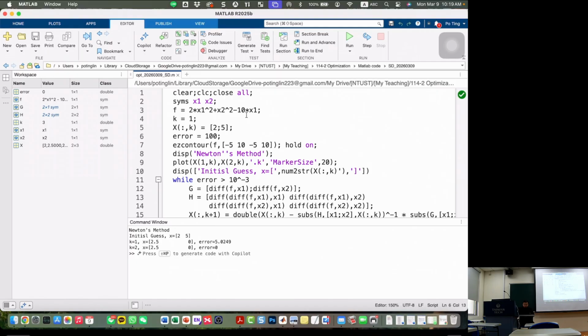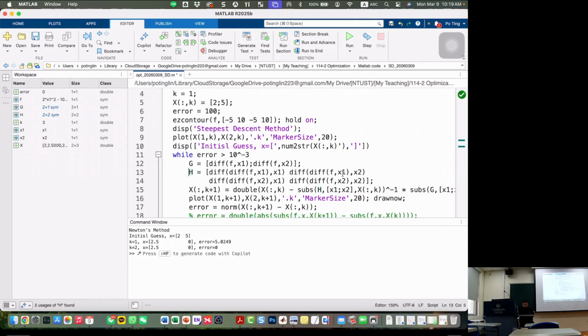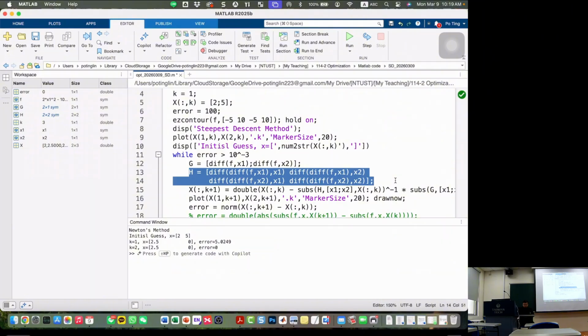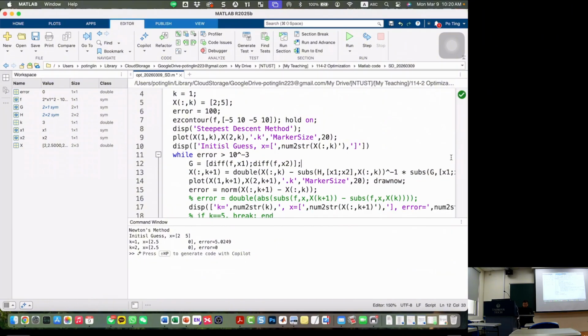Now we are moving on to steepest descent. So I'm changing this to steepest descent, and I don't need the Hessian anymore. I'll just get rid of it. Okay, no more Hessian.